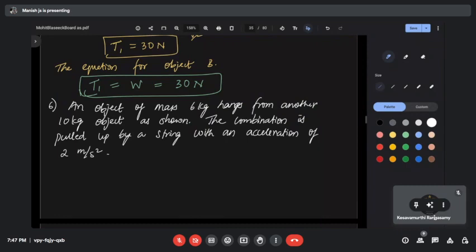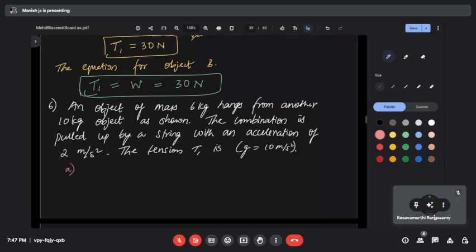The tension T1 is, that's what you should find. You can take g here also as 10 meters per second square. So you have to find what is tension T1.